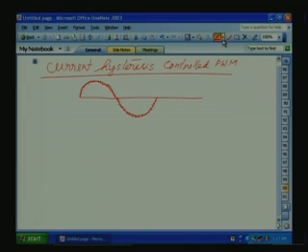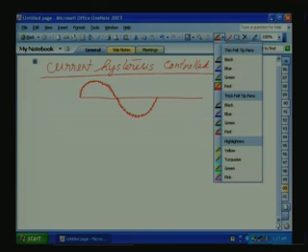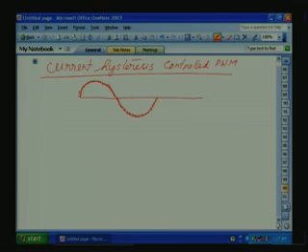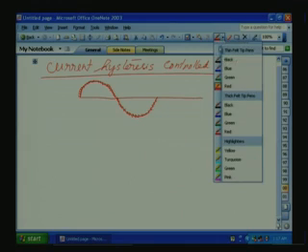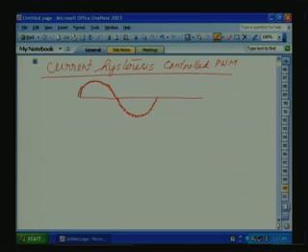We are introducing an envelope here. This is called the hysteresis band.